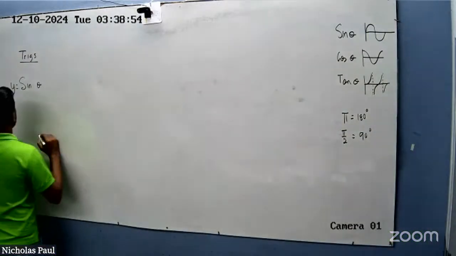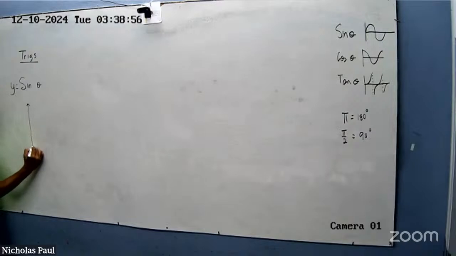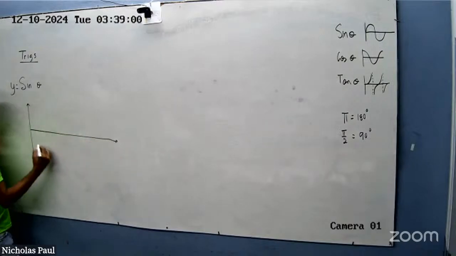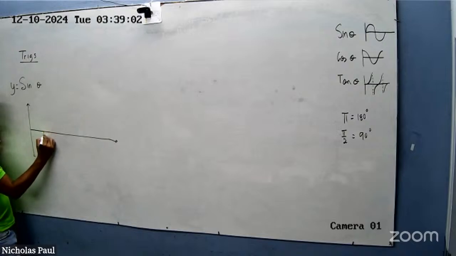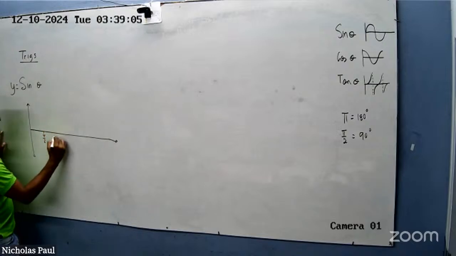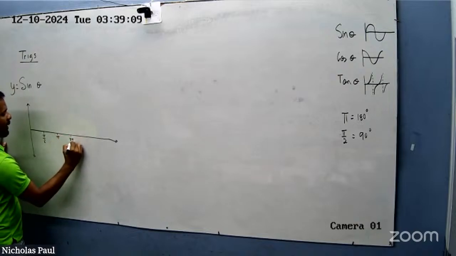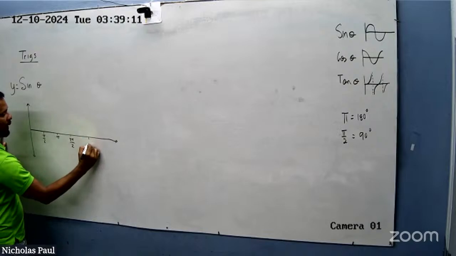All right. So we're going to focus on the sine graph. We're focusing on specific values: pi on 2, pi, 3 pi on 2, and then 2 pi.